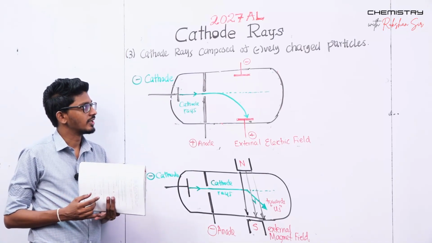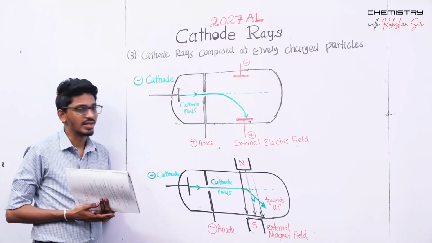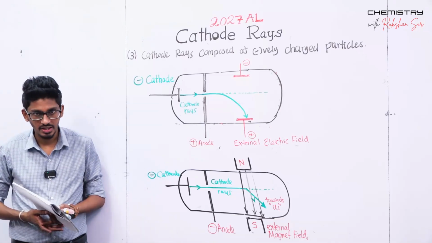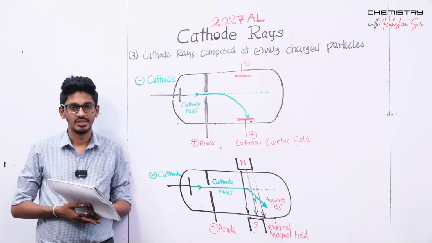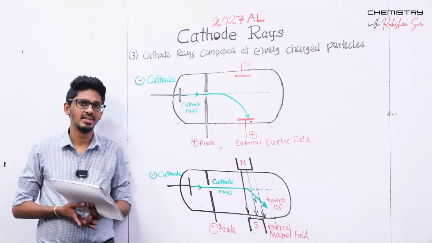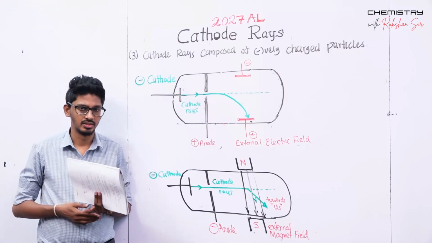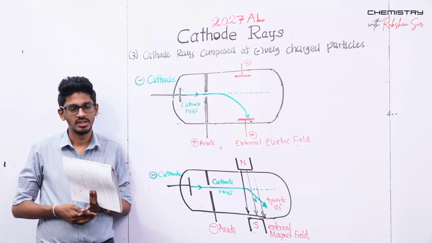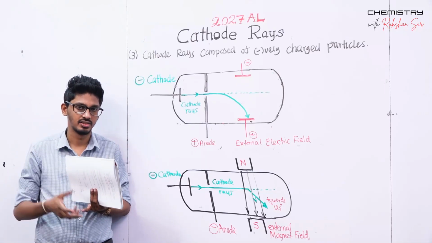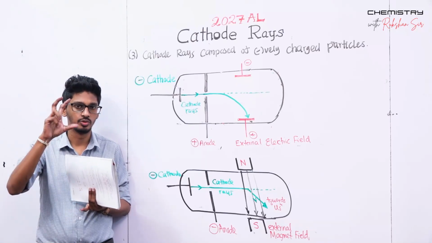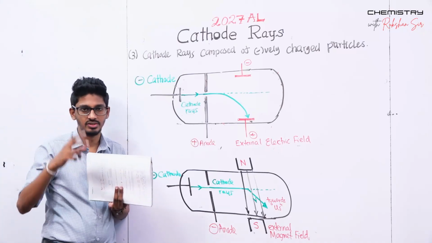When we are referring to A-level past paper questions, the MCQs, there is a book set called the PSURU books. You can buy those books, in which the past paper A-level questions are categorized, so all the questions on cathode rays will be in one section.